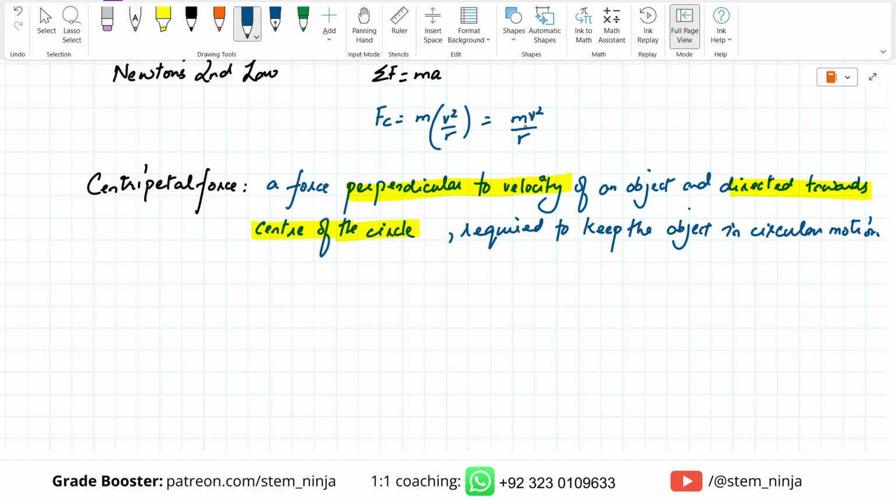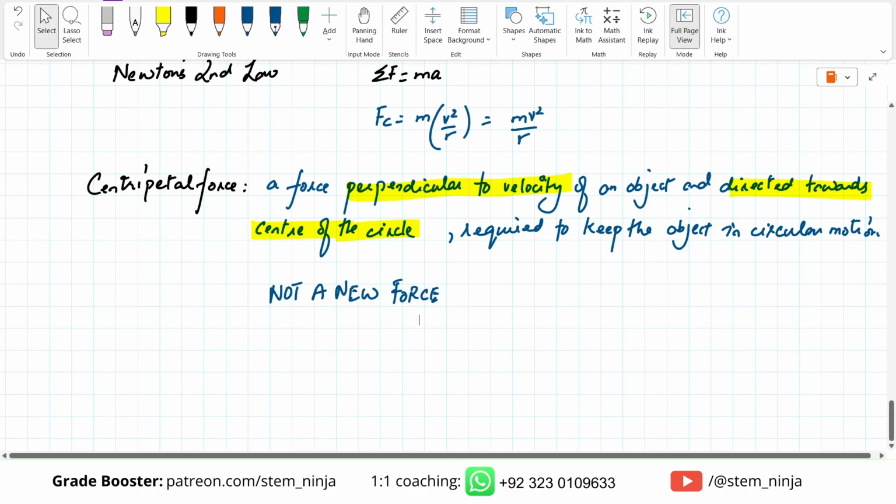One thing you need to remember for centripetal force is that this is not a new force. This will just be some forces when added together. They will always have a component towards the center of the circle that will sustain the circular motion.